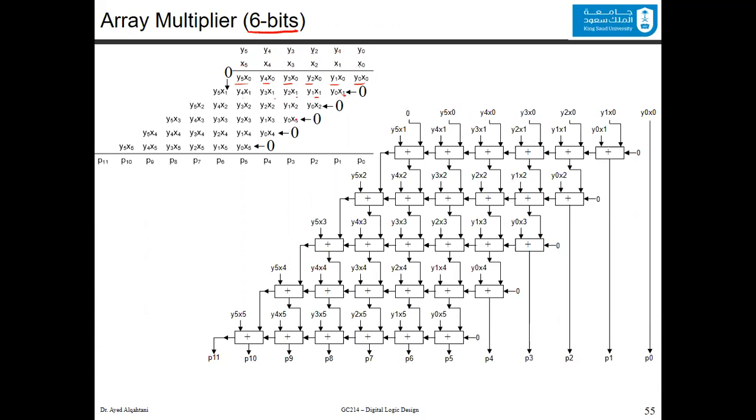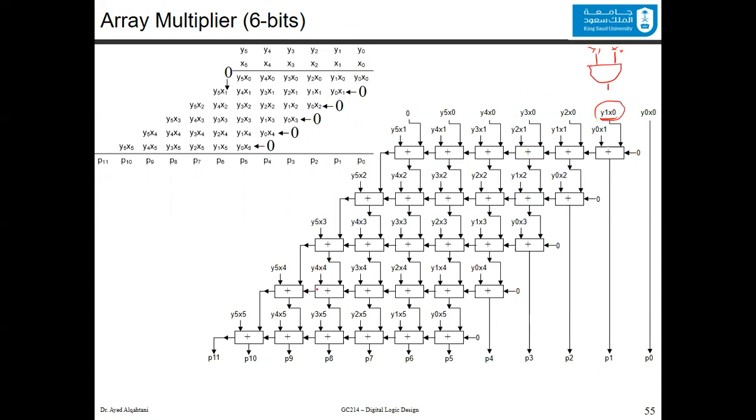And you keep shifting. The partial products will be P0 up to P11 in this case. Since you have 6 bits and 6 bits, then 6 plus another 6 is going to be 12 bits in the product. Now, to implement this, you have the AND gates, so you can replace this one by x0, y1, for example, and you put an AND gate here to represent it.